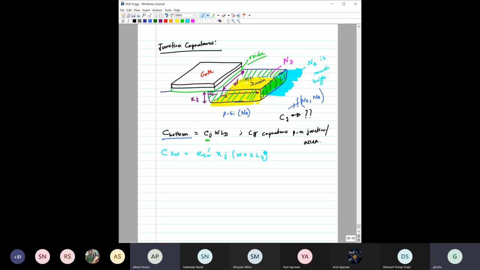So please check, is it right to write CSW with this? Please check, is this right?